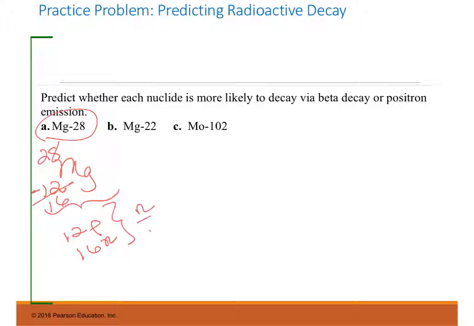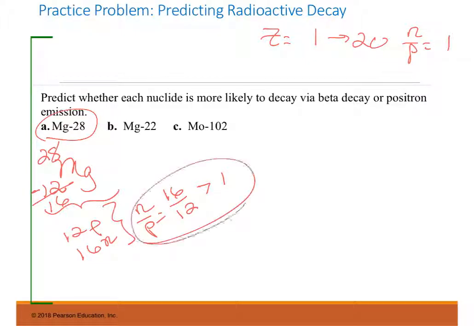So neutron to proton ratio, okay, it's greater than 1. And if you remember, if you have elements between 1 and 20, the neutron to proton ratio should be 1. So this has too many neutrons.